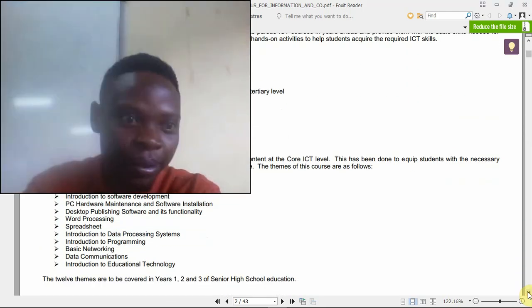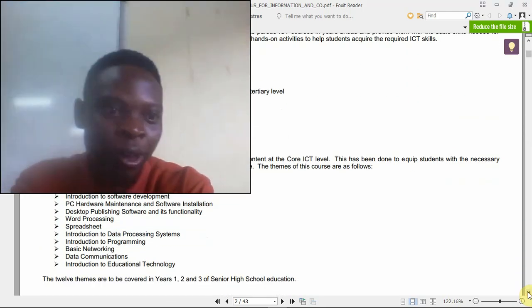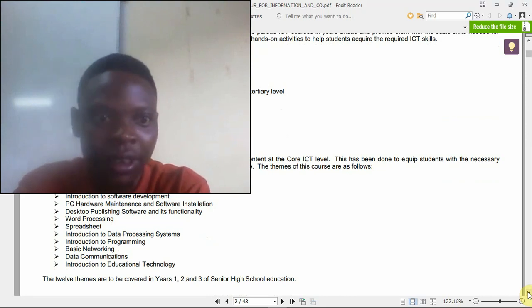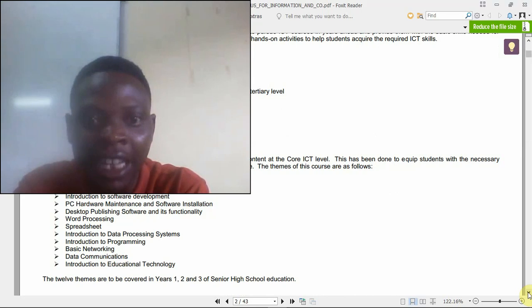And the scope, this is what the content is saying about the scope. This syllabus has been planned as a higher content level than the ICT content at the core ICT level.